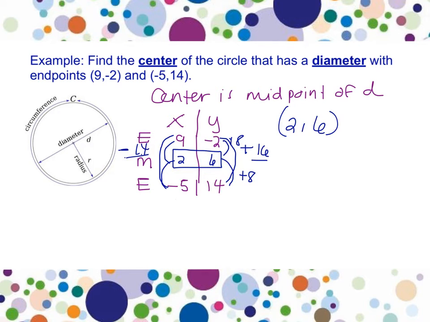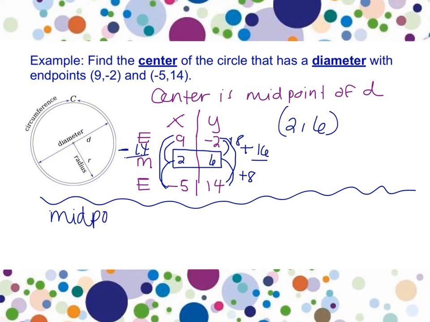The one other method I maybe showed you back in our first unit is that anytime you're finding the midpoint, and this only works for midpoint, you can take the average of the X values and the average of the Y values. So if I look at my X values, I could do 9 plus -5 divided by 2 to get my new X value.